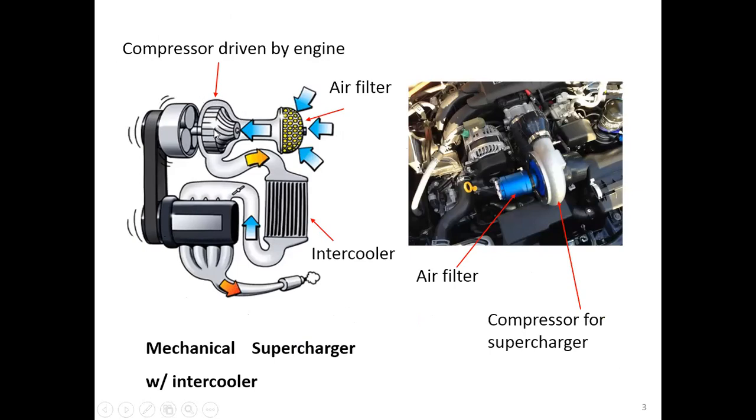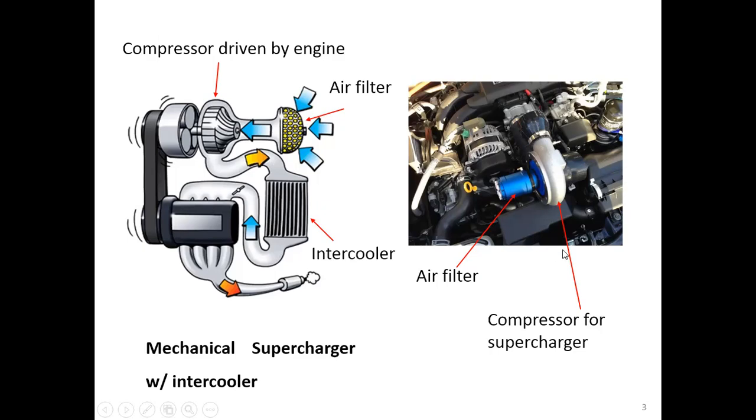The compressor, driven by the engine, draws the air, compresses it, and sends the high temperature air into the intercooler. This intercooler reduces the temperature of the air before sending it into the engine. So overall, we will have higher volumetric efficiency, and the power and efficiency of the engine increase.